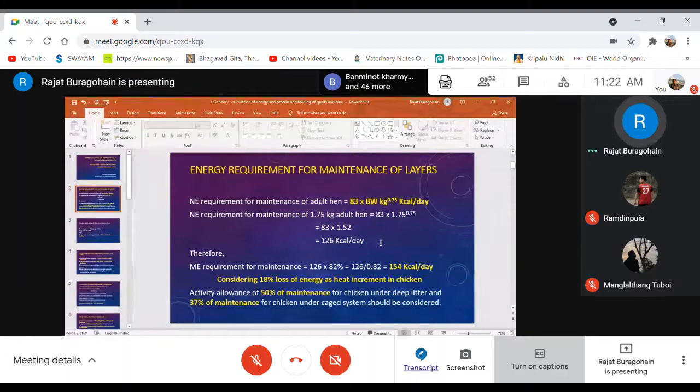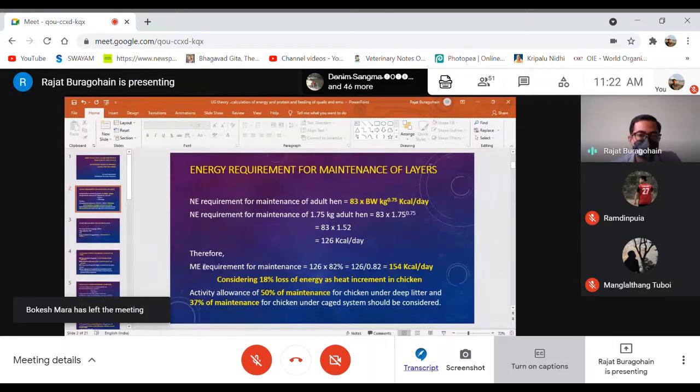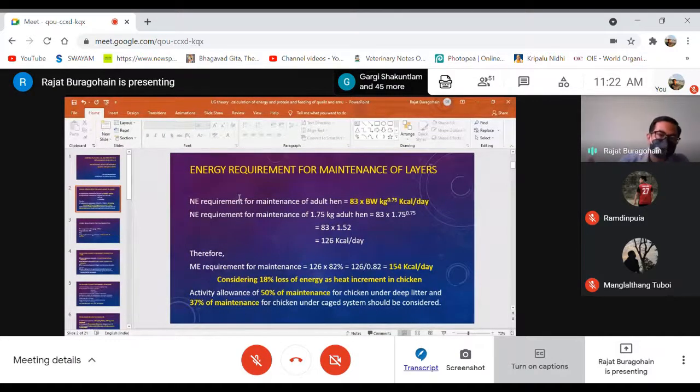This will be the requirement, and we can express this in terms of ME also, considering that ME is higher than NE, is it not? ME is the metabolizable energy. If from metabolizable energy we subtract heat increment, then we get the net energy. I think all of you know about gross energy, digestible energy, metabolizable energy, and lastly net energy.